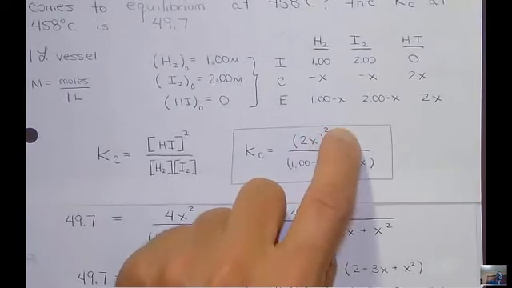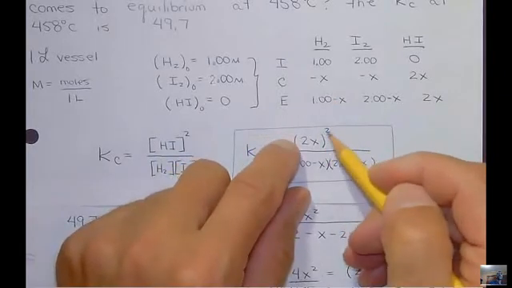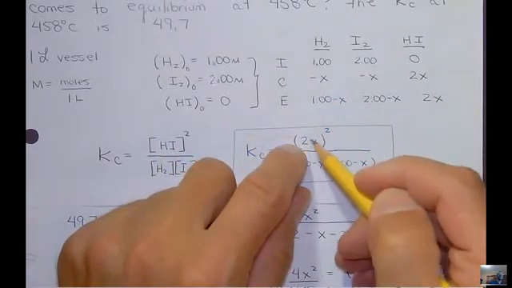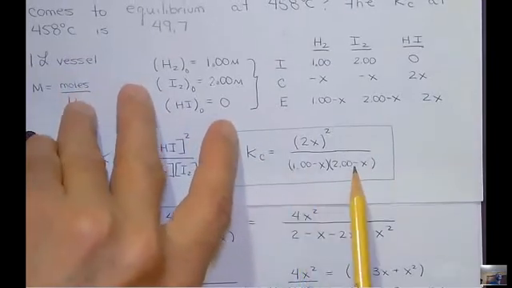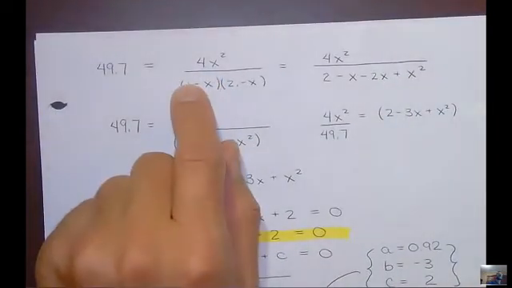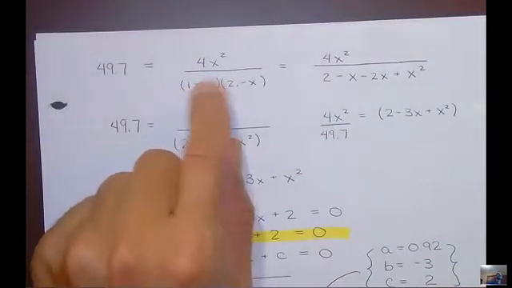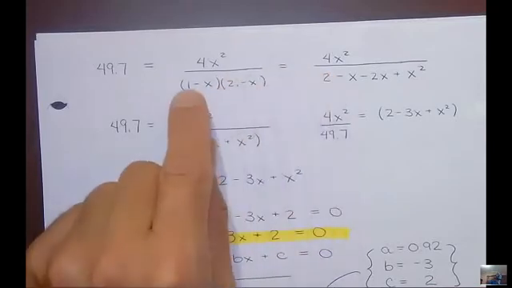So what is 2x squared? 2x whole quantity squared is just going to be 4x squared, right? Then I have to multiply these two things in the denominator, which is a little bit more work. So that happens there. Okay, I'm going to just FOIL this, right? So first times first. 1 times 2 gives me 2.